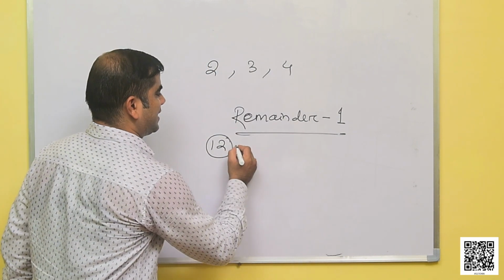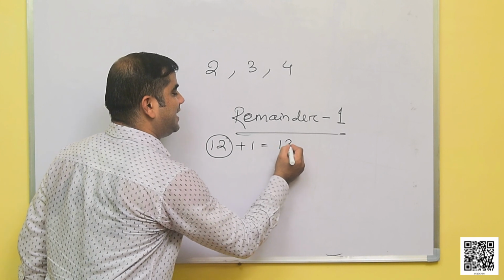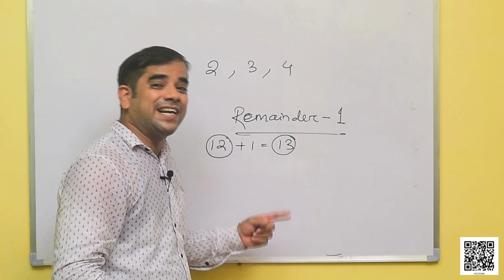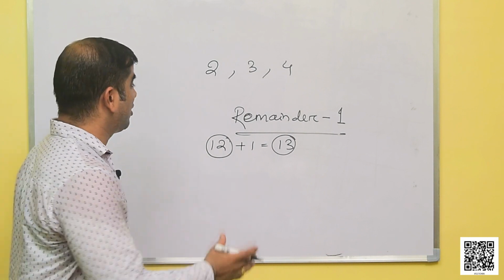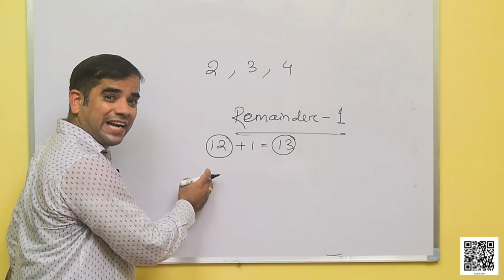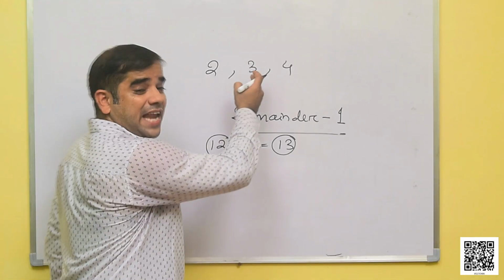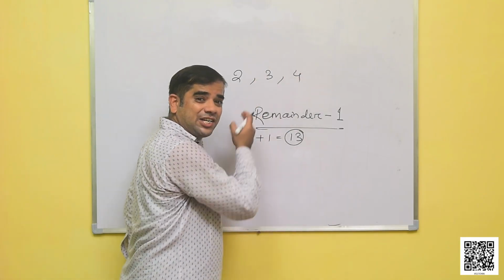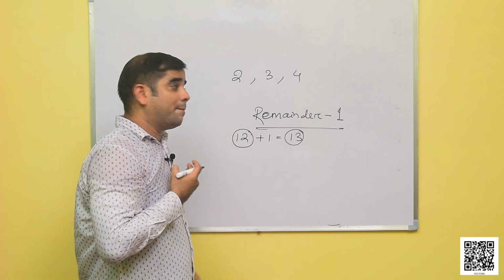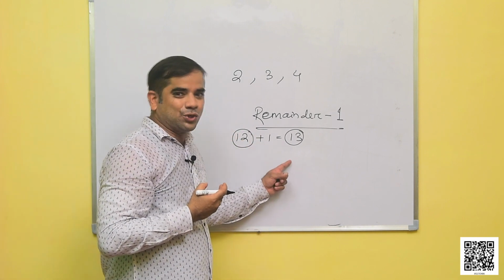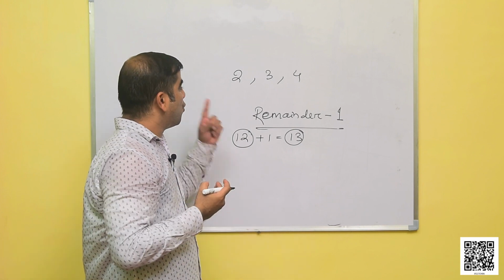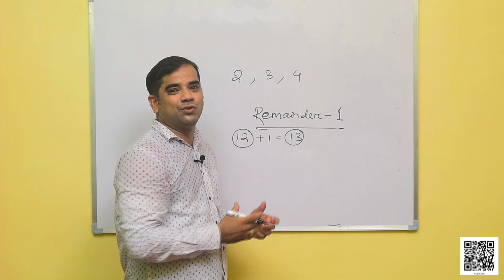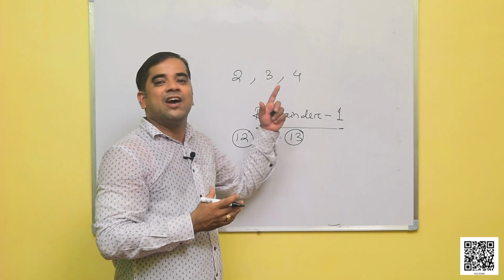So if I take 13 seeds, I will have one seed left to be grouped, because 2 will divide 12 and give remainder 0, 3 will divide 12 and give remainder 0, 4 will divide 12 and give remainder 0. But if I get 13, I will have remainder 1 in each case. So I can take 13 seeds to be grouped for 2, 3 and 4.